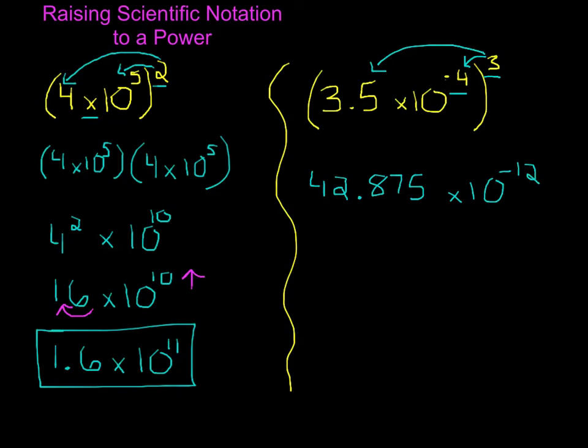And now to write this in proper scientific notation, we need to move the decimal place 1. So 4.2875 times 10, and because I had to decrease my coefficient by 1 decimal place, I need to increase my power, so it would be negative 11.